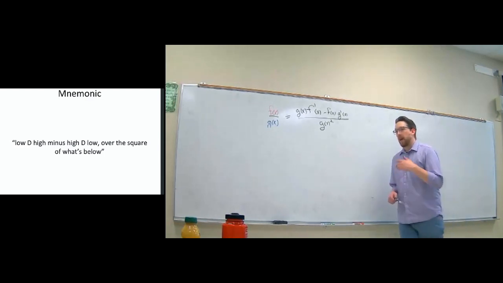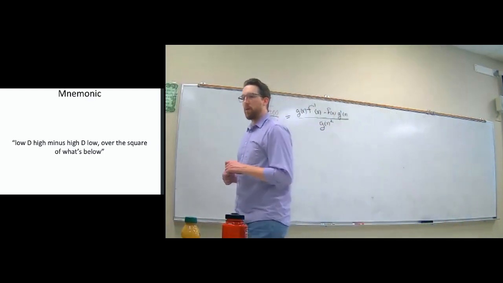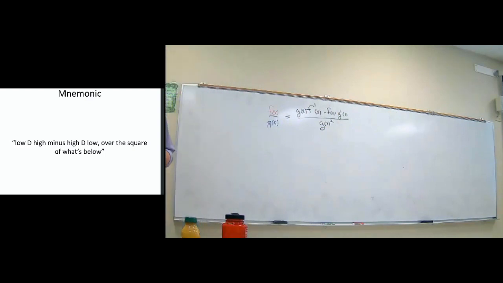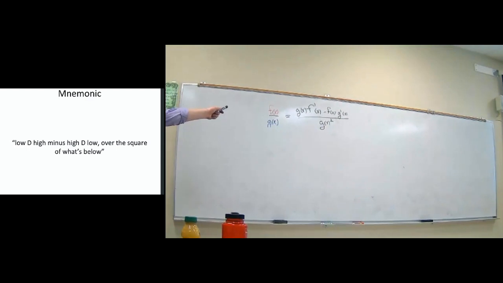That said, as we go through the rest of the semester, we're going to learn a few other differentiation techniques that make it so you don't necessarily have to worry about this, and they're really convenient. In fact, the chain rule will get you around this very quickly.